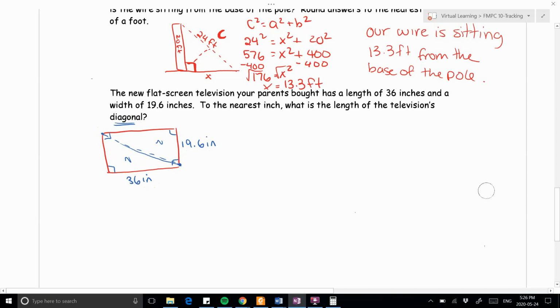So essentially it wants to know the length of its hypotenuse, because across from the right angle is that C. Now, in a rectangle, because opposite sides are the same, it doesn't matter which triangle I'm using here, because my C is going to be the same in both of those triangles. What I do know is that my C is my unknown here.